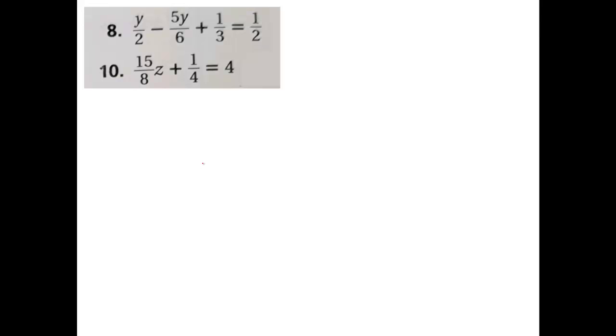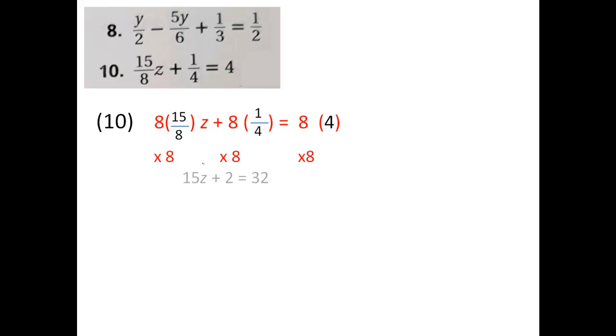So 8 multiplies 15 over 8 z, and 8 multiplies 1 over 4, and 8 multiplies 4. So I multiply 8 on all sides.